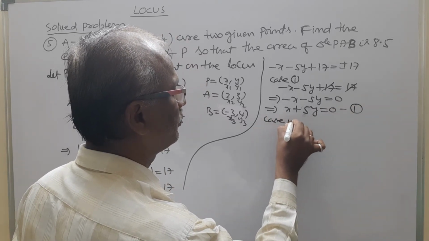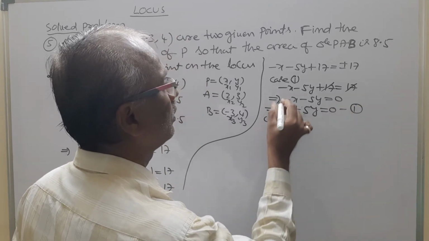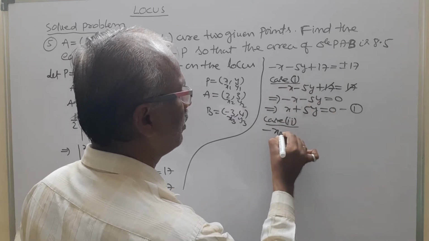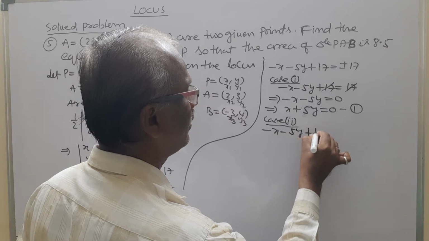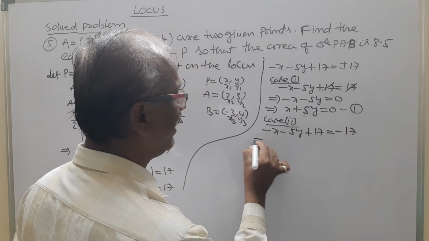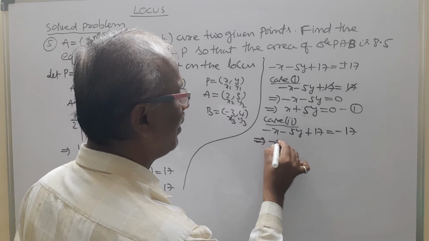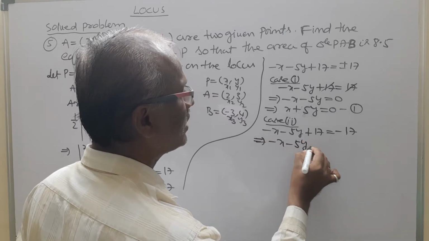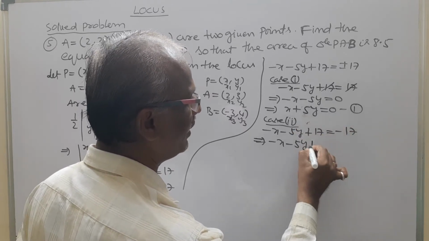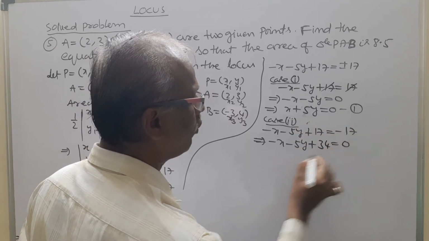Case 2: minus x minus 5y plus 17 equal to minus 17, minus x minus 5y minus 17 becomes plus 17, 17 plus 17 is 34 equal to 0.